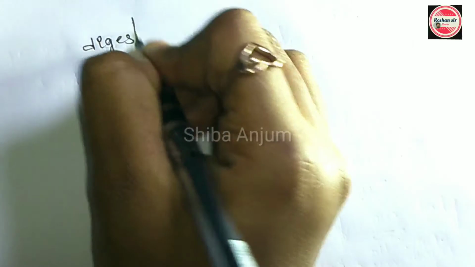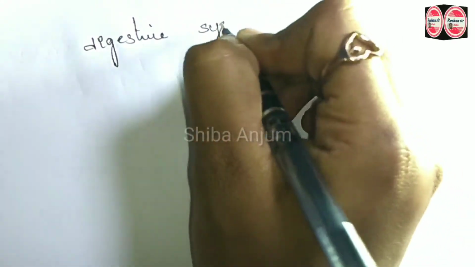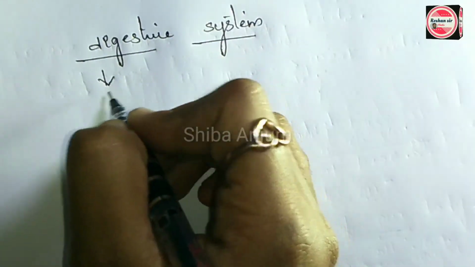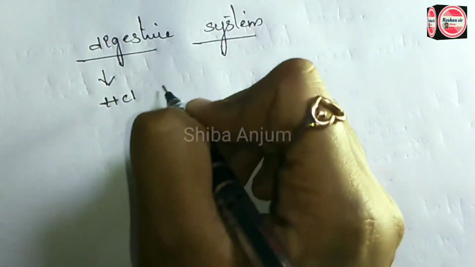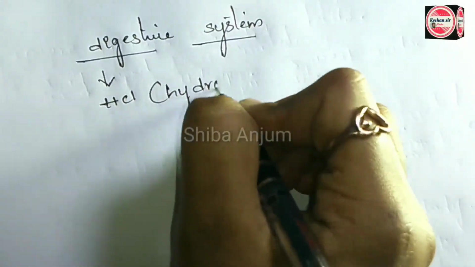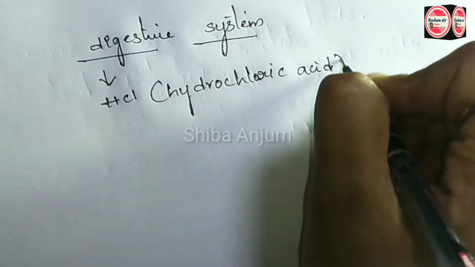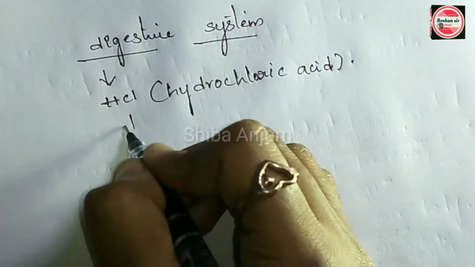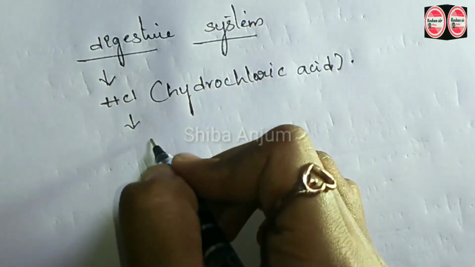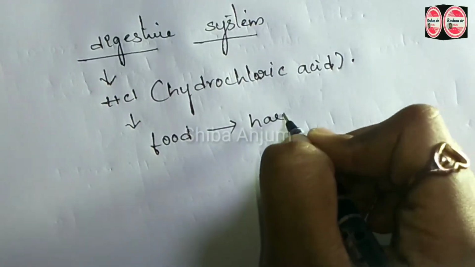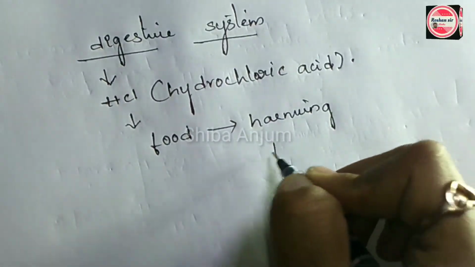pH in our digestive system. It is very interesting to note that our stomach produces HCl, hydrochloric acid. This hydrochloric acid helps in the digestion of food without harming the stomach.